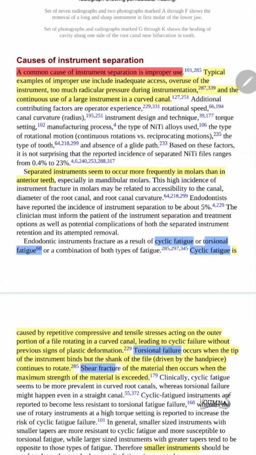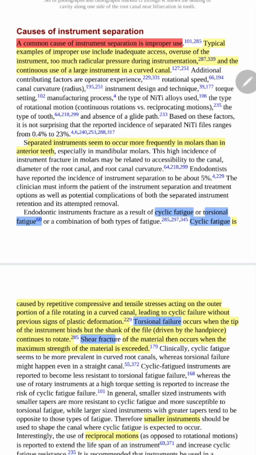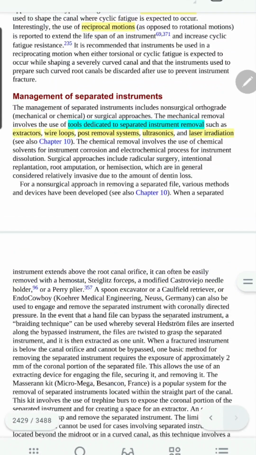The main reason is malpractice, which means, for example, inadequate access, overuse of the instrument, and too much pressure. These can increase the rate of this accident.